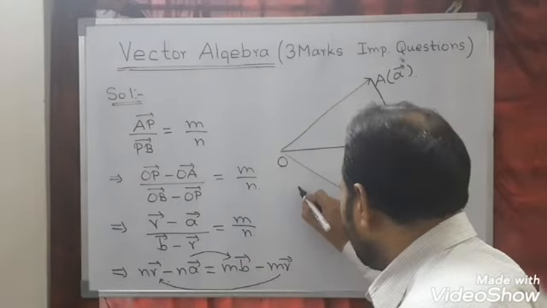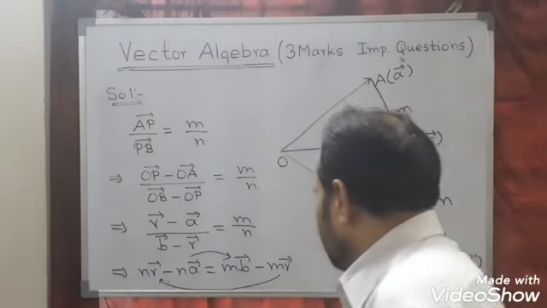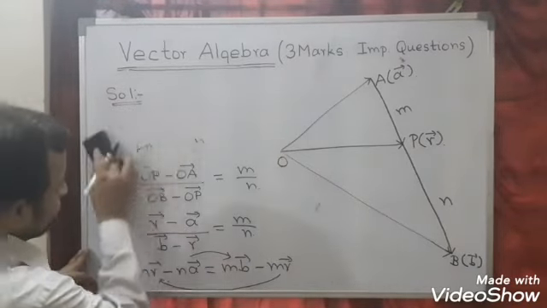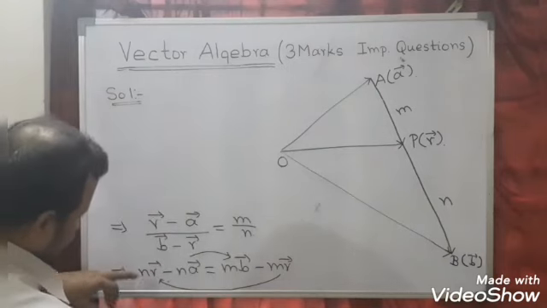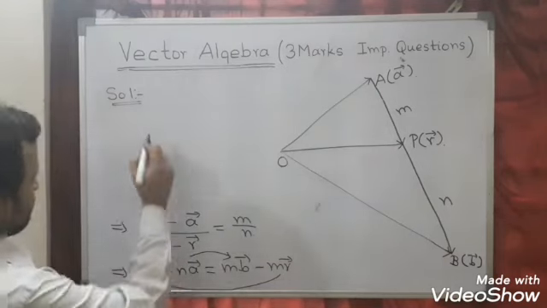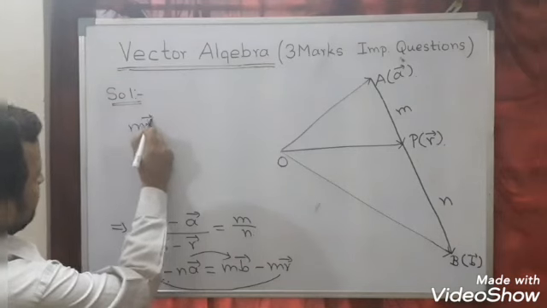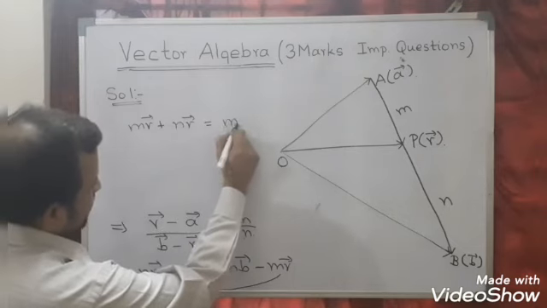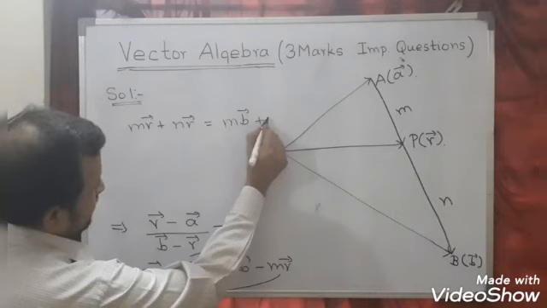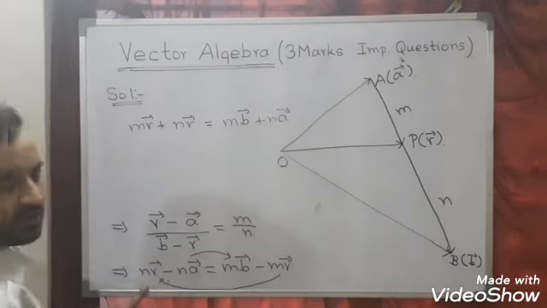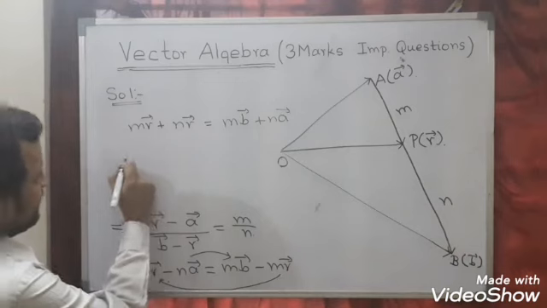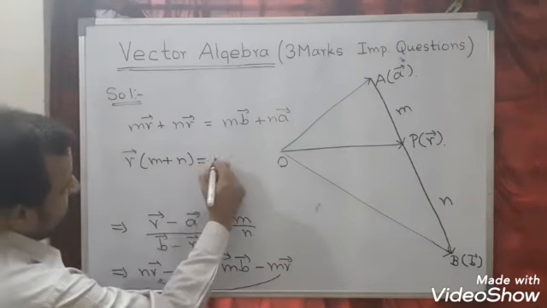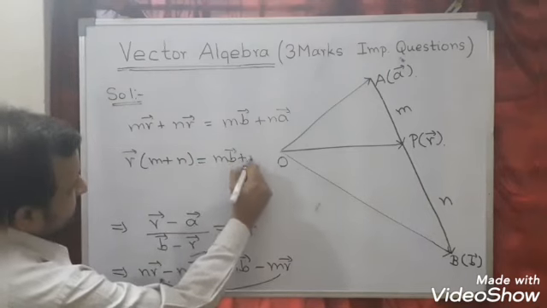So when you shift, you will get m r plus n r is equal to m b plus n a. So you can see r vector is here, r vector is here, so we can take r vector common. You will get r times (m + n) is equal to m b plus n a.